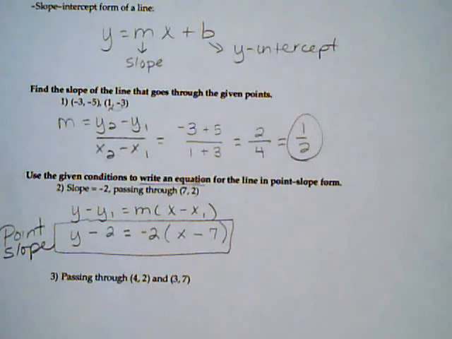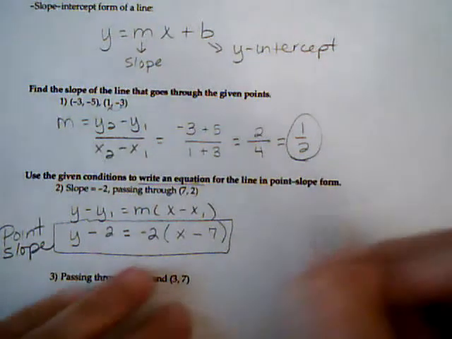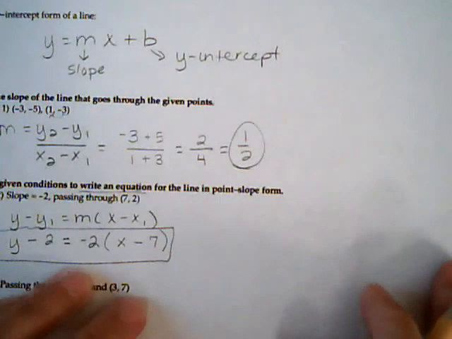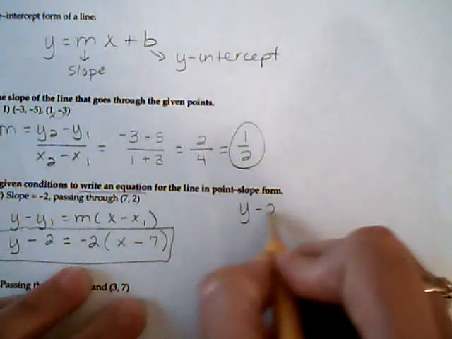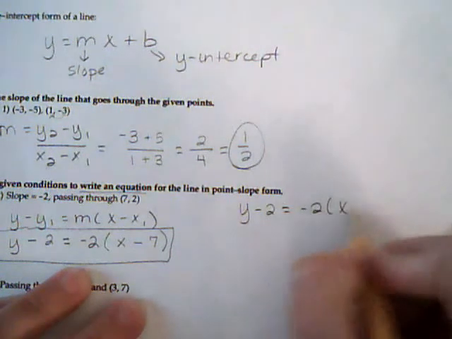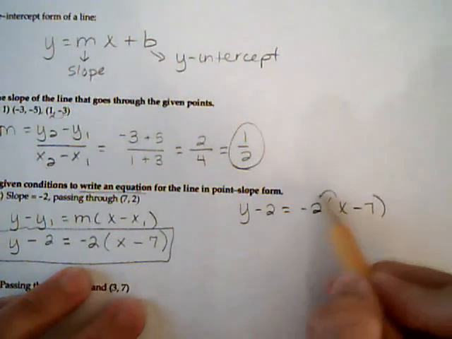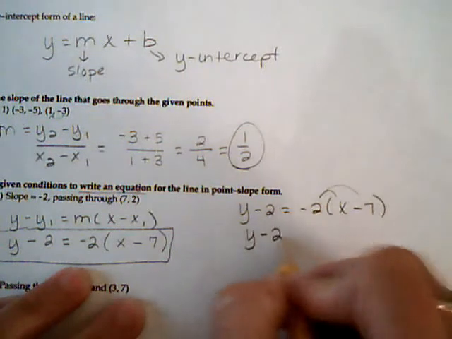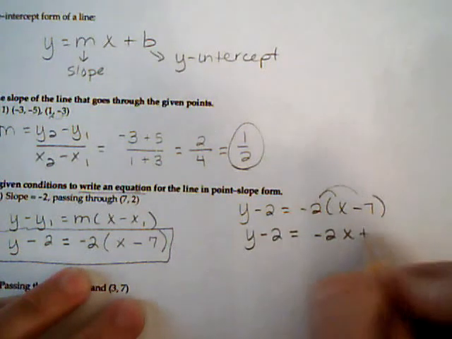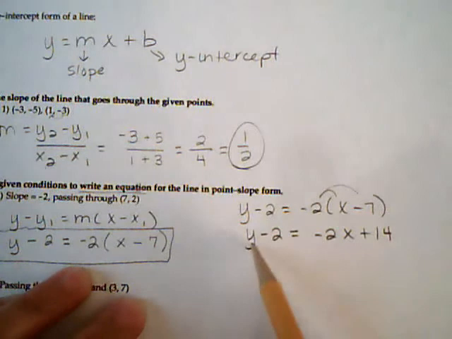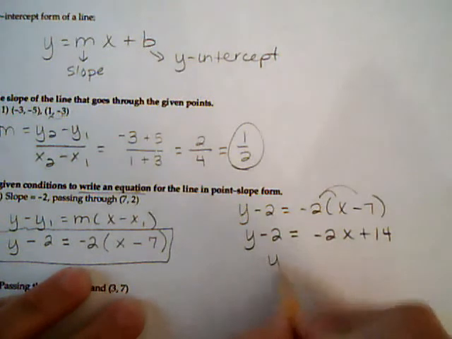If they want you to write it in slope-intercept form, we would need to go a step further. Let me show you that over here. If I take the equation and distribute the negative 2, y minus 2 equals negative 2x plus 14, and then get y by itself, that means I would have to add 2.